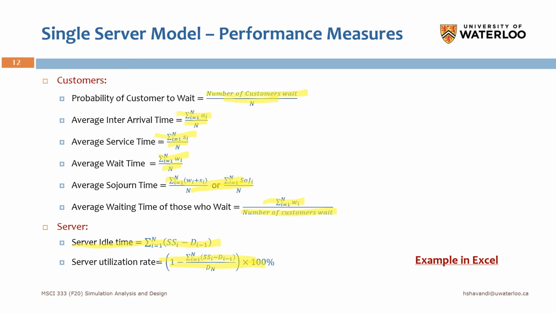So after any simulation, after all the runs, we can calculate the performance measures like this for that system. We need to define the specific measures for each system. So usually for the single server model, in general, we can define the performance measures like this.